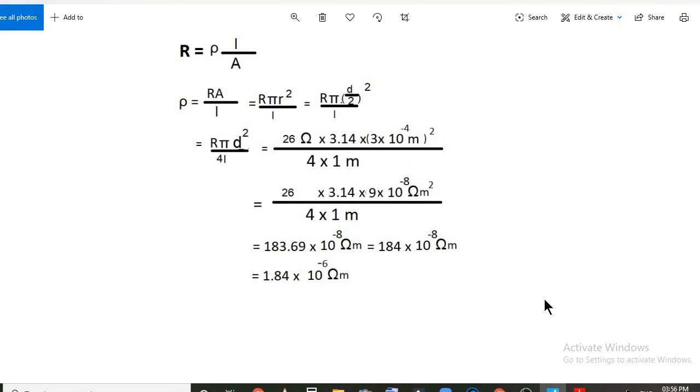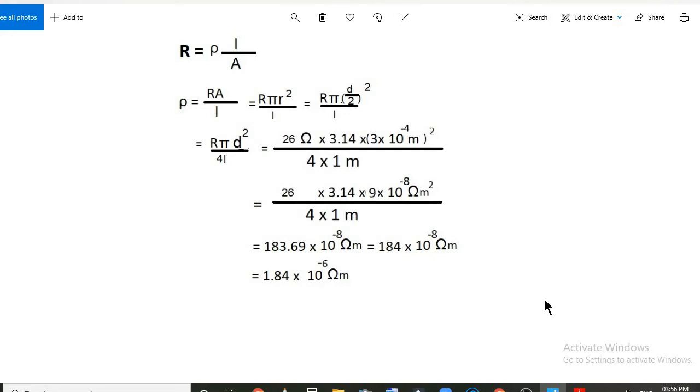Area of a circle is pi r square. Pi, you know the value, 3.14. R is radius. But instead of radius, diameter is given. But we know diameter is double of radius, or radius is half of diameter.